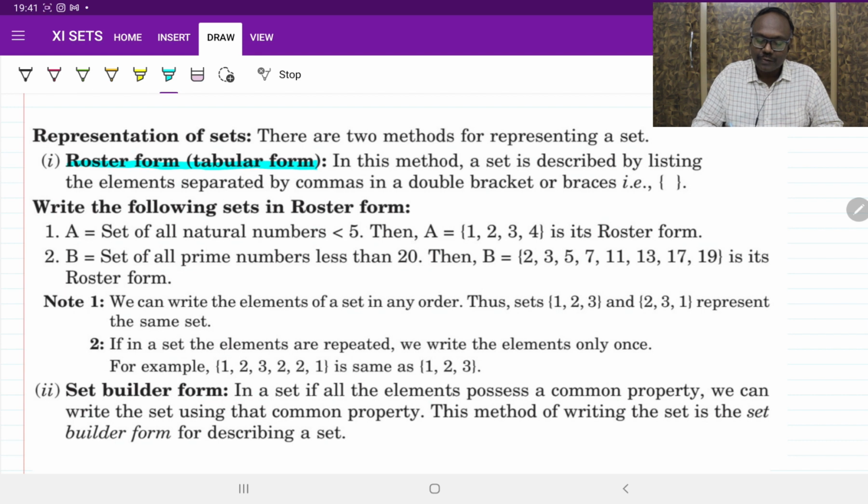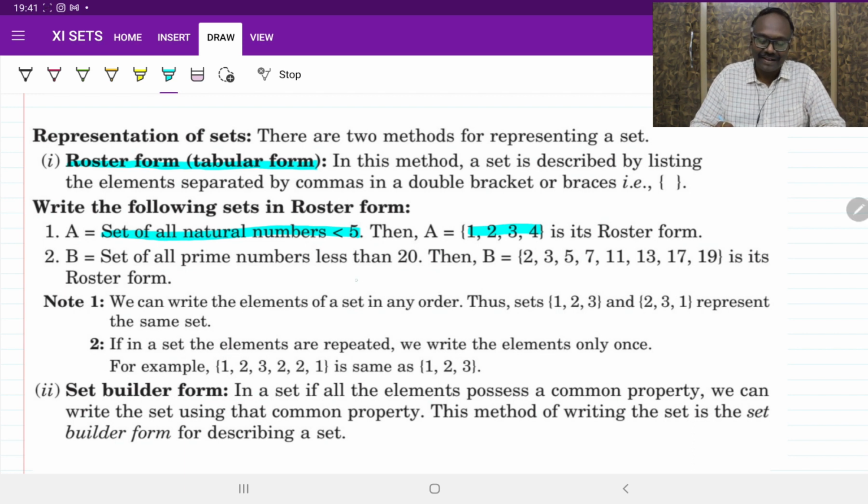Let set A equal the set of all natural numbers less than 5. The set of all natural numbers less than 5 are nothing but 1, 2, 3 and 4. So we list down all the elements 1, 2, 3, 4 separated by commas within the braces. So this method of representation is called the roster form.